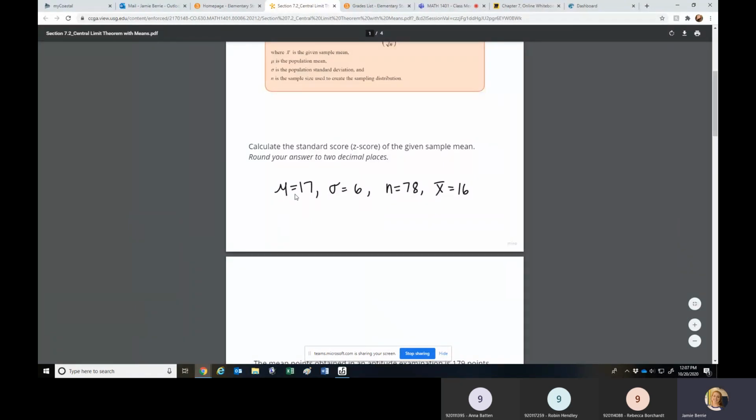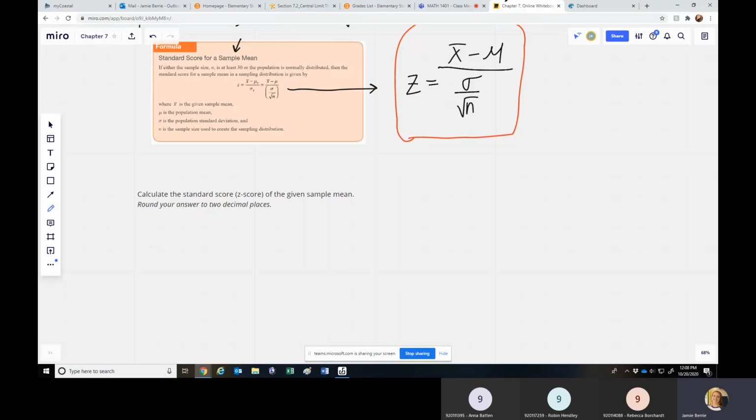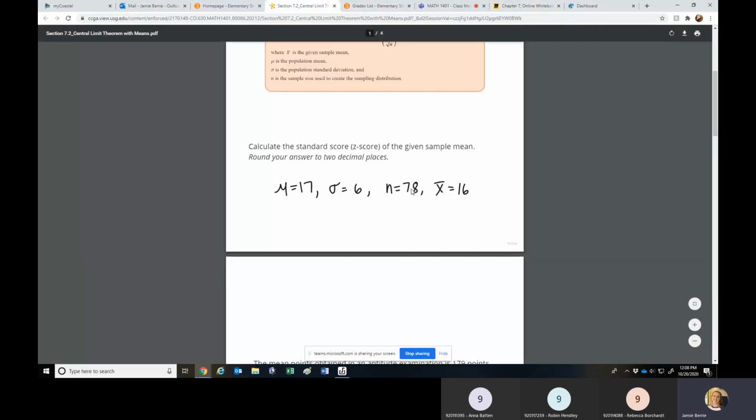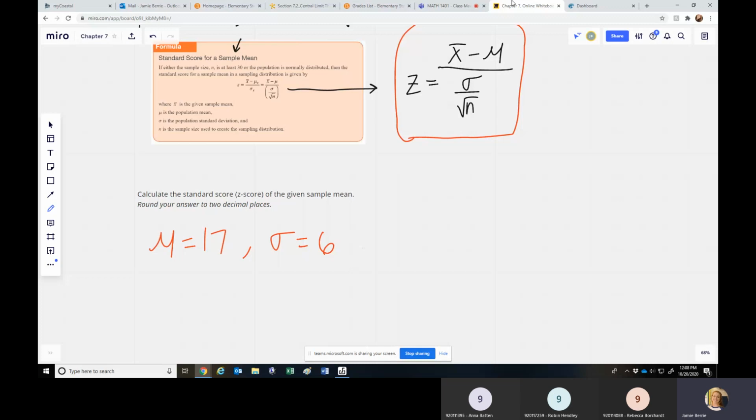So this said mu equals 17, sigma is 6. And then N is 78, X bar is 16. Okay, and it just wants us to calculate the standard score, also called the z-score, of the given sample mean.